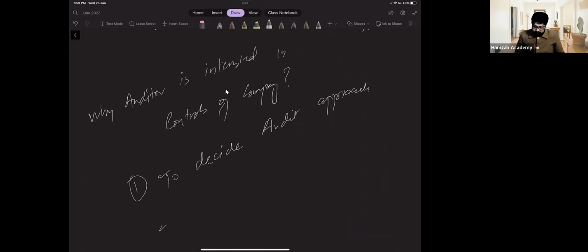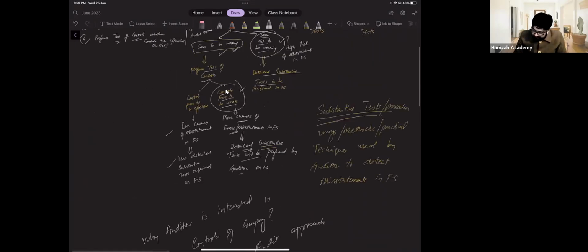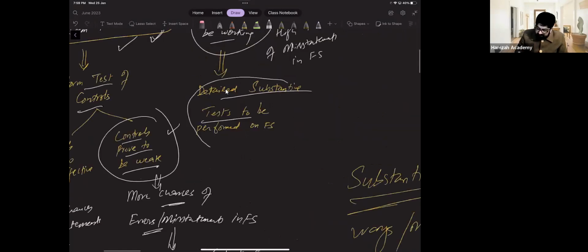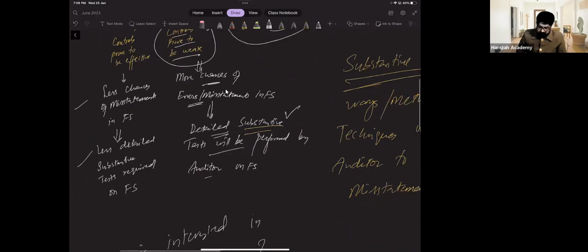Second, you see here, based on control we decided detailed substantive work on financial statements, or less detailed substantive tests.